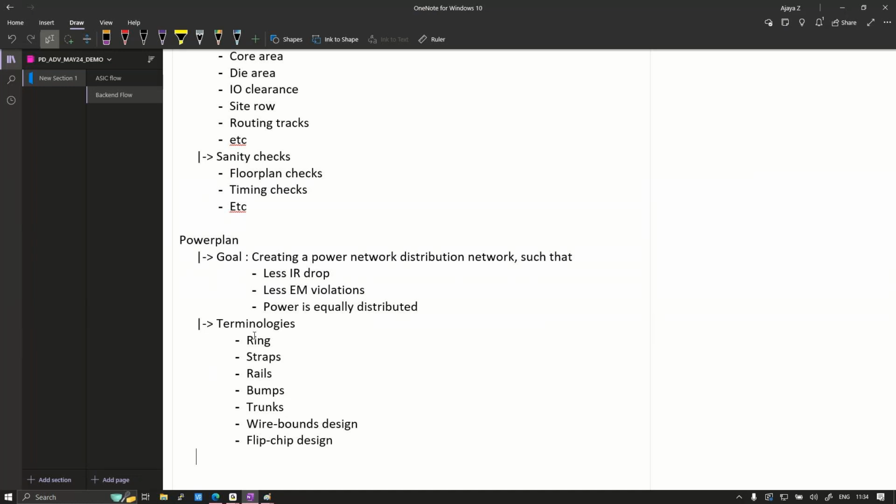Correct? If they are working at different voltages, then what should I do? Let's say a partial amount of this particular hall which we are sitting in is working at 1.1 volt. I'll use paint better.